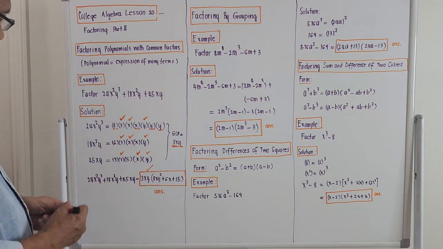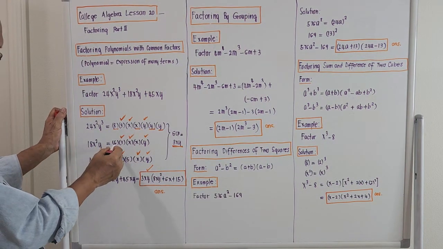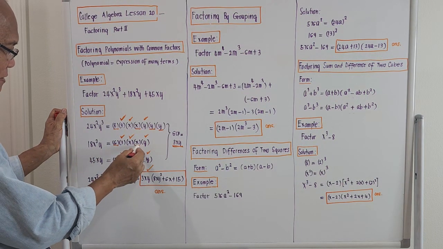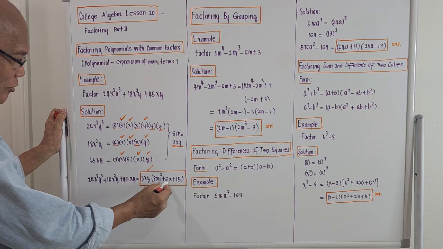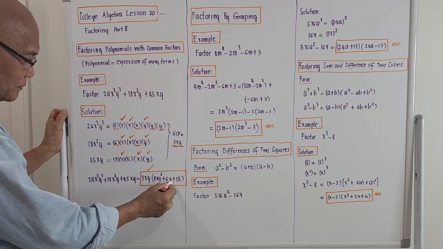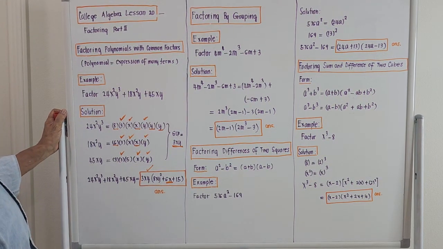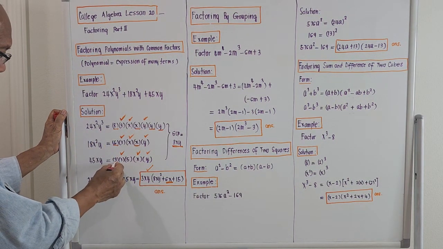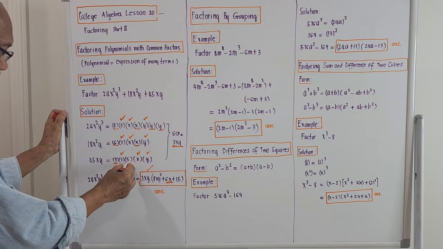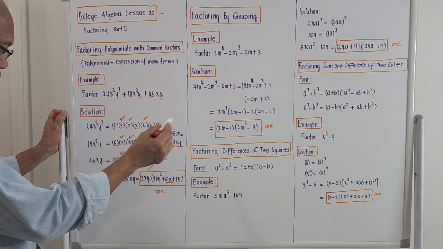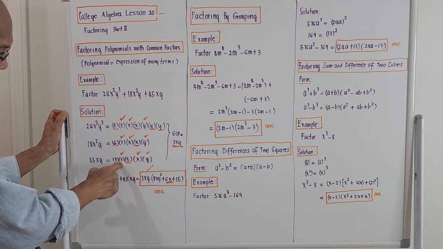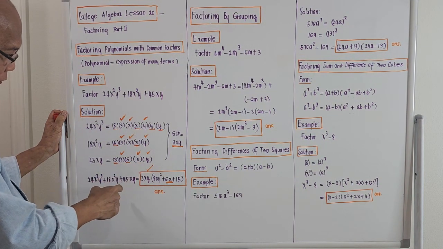For the second term, the one that was not checked is actually 6 and x. So the second term inside will be 6x. Okay? For the last one, the one that was not touched is actually 3 times 5. It will just be simply 15, because we touched the 3 here plus this x and y.